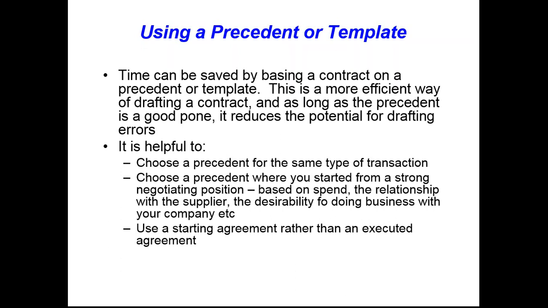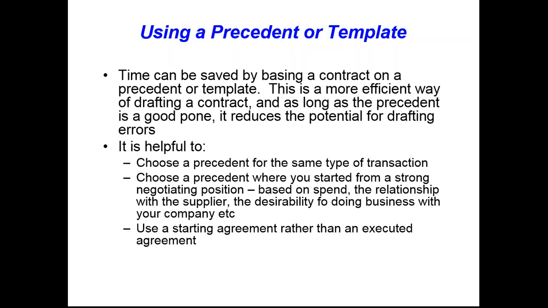And using that slide, I just want to draw your attention to the third sub-point right at the bottom of the slide. If you're going to use a template or a precedent, instead of taking a contract that you've agreed with a supplier after negotiation, you really need to take the contract as it was before you started negotiating.